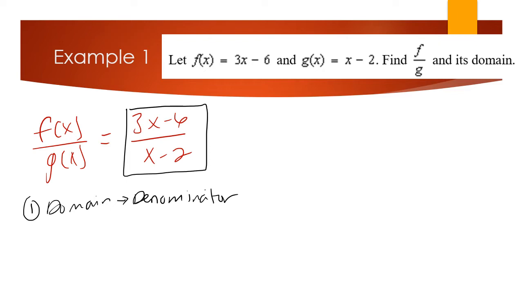So we take the denominator, so we have x minus 2, and make it not equal to 0. So we're going to add 2, so we know that x cannot equal 2. That's our domain restriction. So we know that it's all real numbers, but x cannot equal 2.